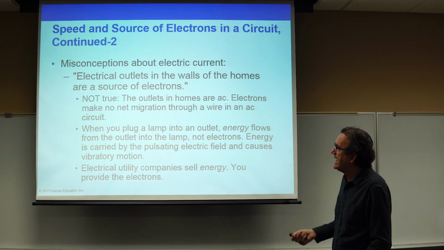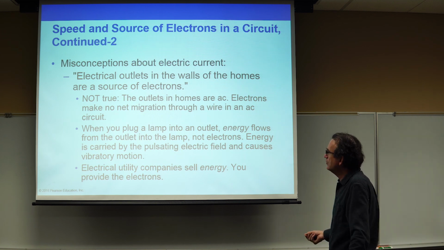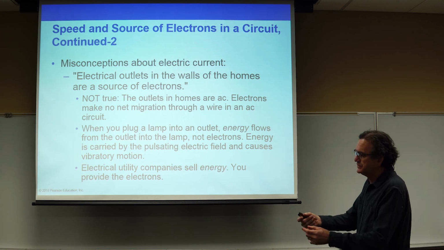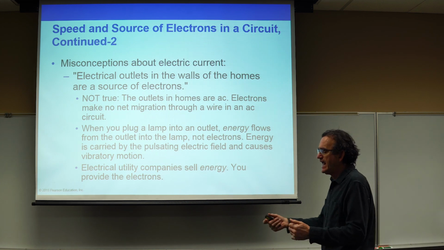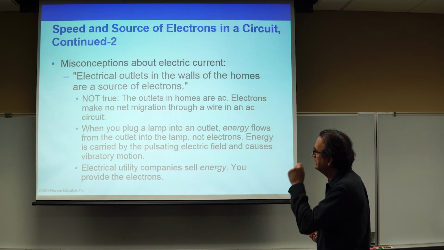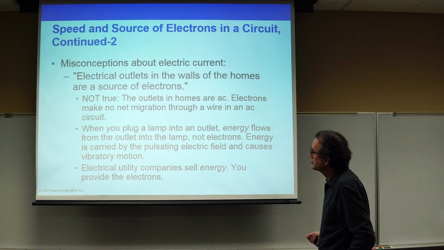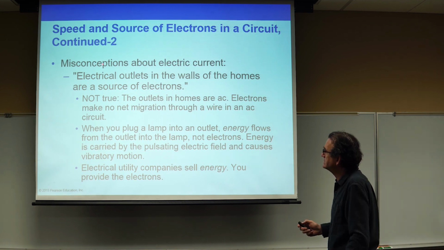So we're not adding electrons to the wire when we make a current. We are simply making the ones that are already there move slowly. Now, it's true that as they come off one end of the wire, we have to add more at the other end. That much is true, but the source of the electrons is not at the outlets.